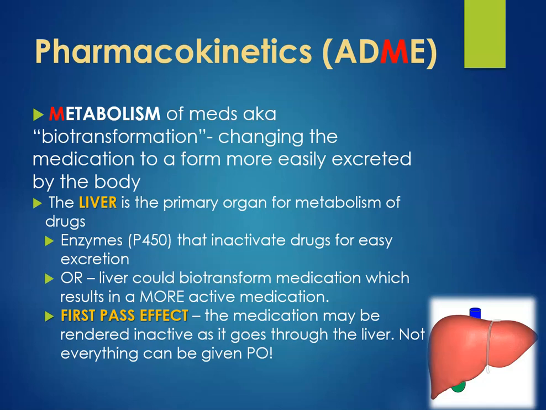And so now we have something that doesn't work orally. It has to be given IV. So you'll see things that say large first pass effect, give IV, or give IM, or give sub-Q, or some other way other than enteral, right?